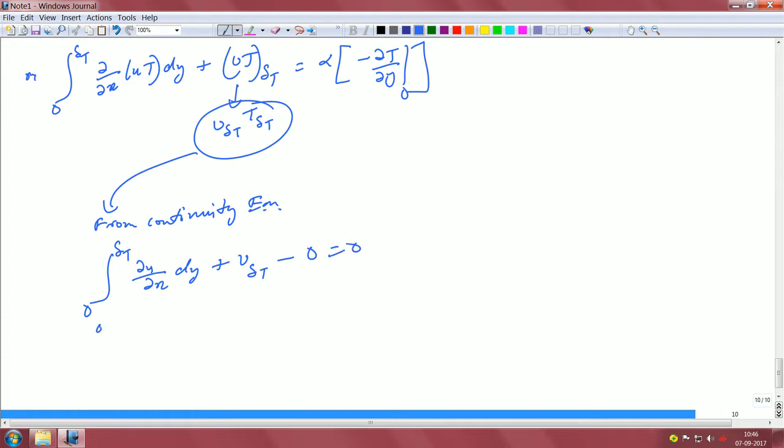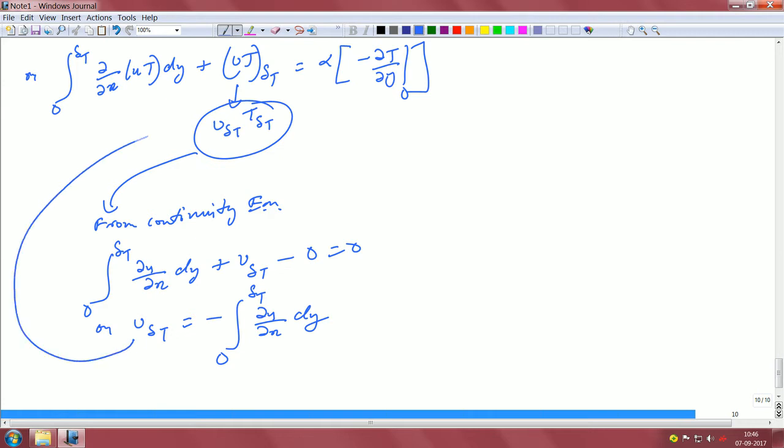So, V at delta t is basically given as the integral from 0 to delta t of du/dx dy. That is the V delta t, because we needed that expression which you can substitute there. Of course, T at delta t you already know.